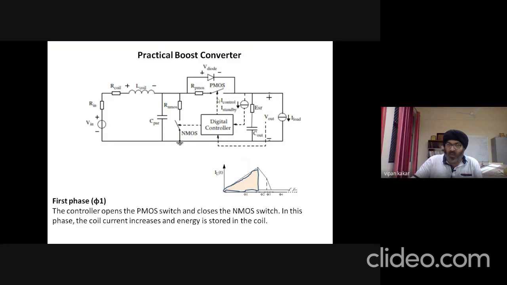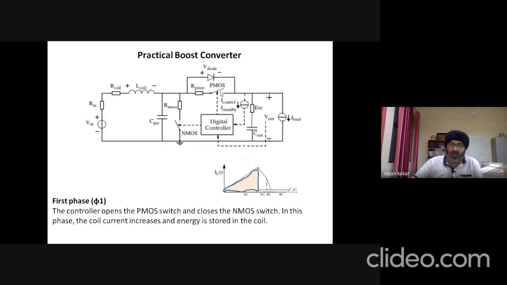This is the PMOS switch, S2. Practically we use this so that the controller can easily synchronize the switching on and off of both of these switches alternatively, which removes the problems of synchronous nature so that they are mutually exclusive.